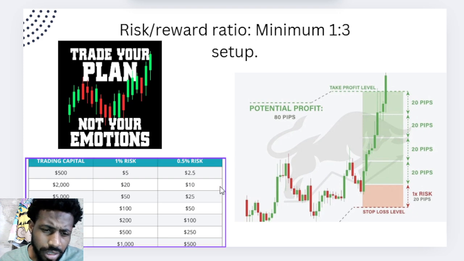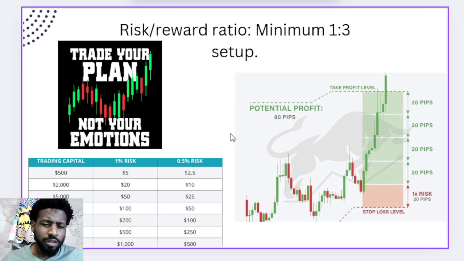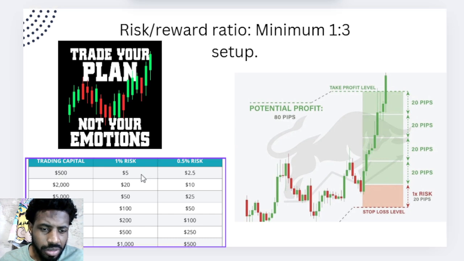So as you can see here, let's say you got a trading capital of 500. You risk $5 to get 2.5. You risk 1%, or you can risk 0.5% risk. So let's say you risk 1% of 500, that's $5. 1% of 2,000, that's $20. 1% of 100K is 1,000, unless you're using 0.5% risk.